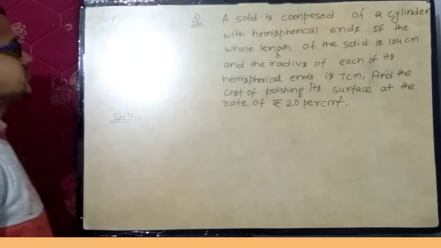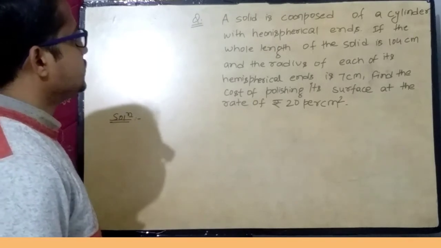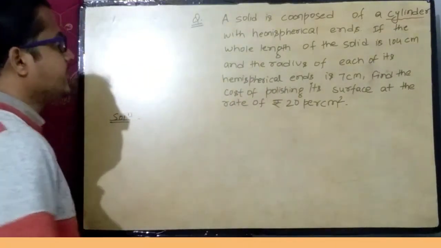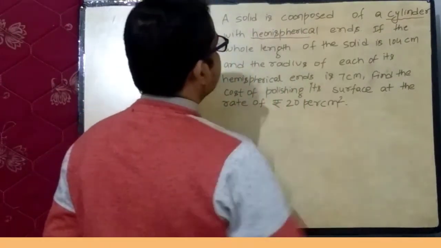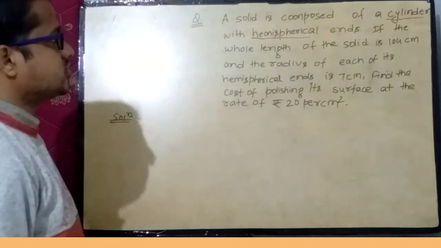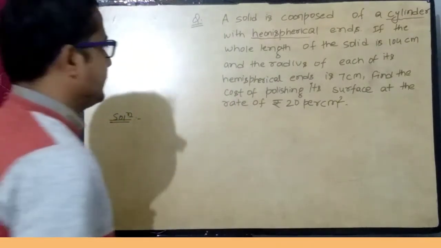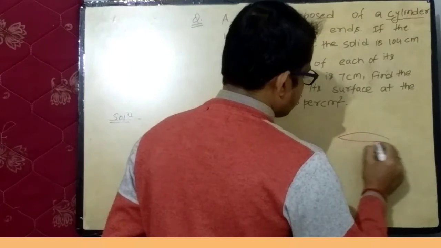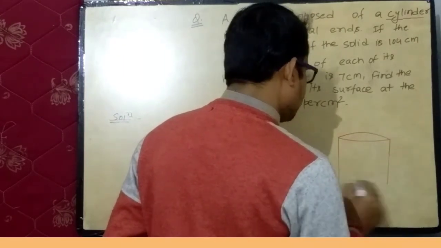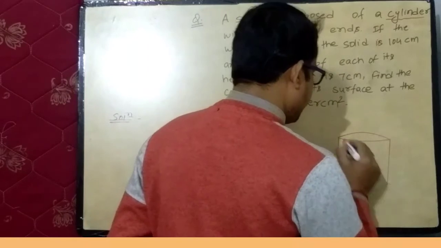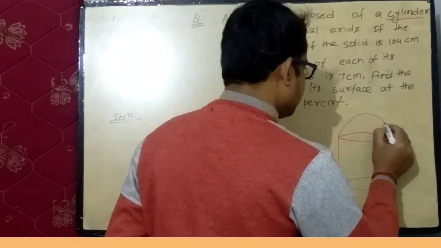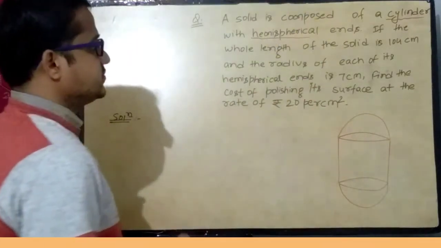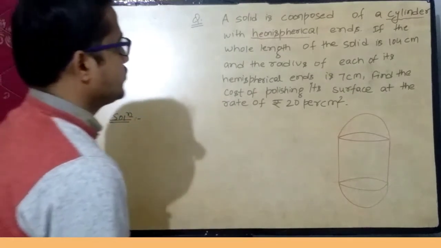Next question is, a solid is composed of a cylinder with two hemispherical ends. There is a solid which is in the form of a cylinder and two hemispherical ends. If the whole length of this solid is 104 centimeter, draw the situation and represent all the data. This is a cylinder and these are two hemispheres which are at the bottom and top portion of the cylinder.